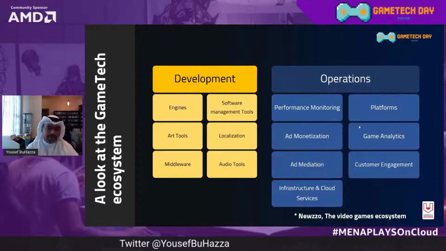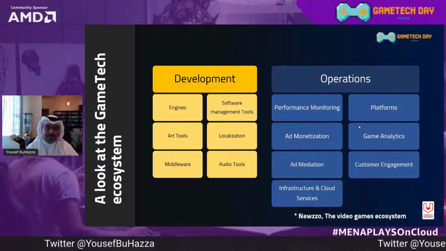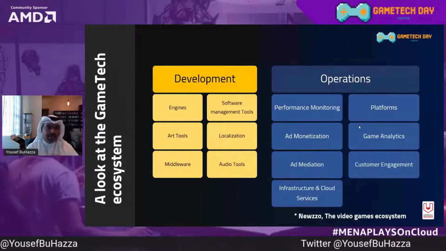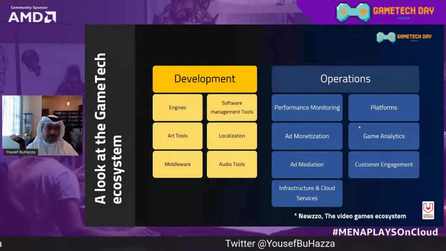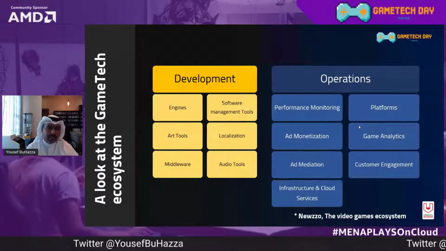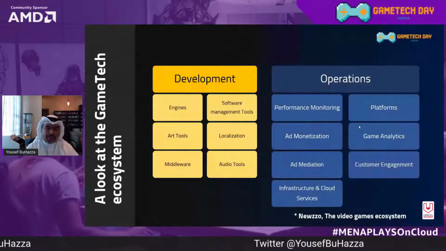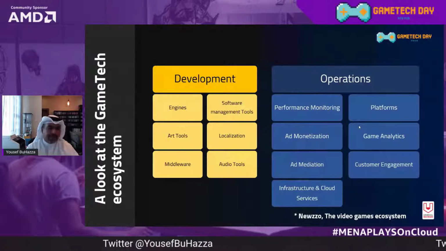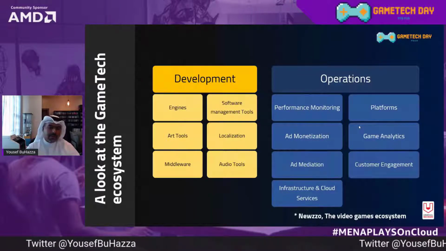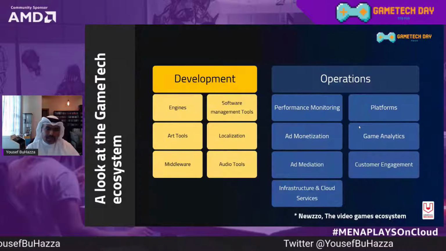Newzoo introduced the game development ecosystem, which defined 4 areas of the game tech industry. They are basically development, operations, growth, and market analysis. On the development side, you've got engines like the Unreal Engine, Godot, Unity, Cocos.